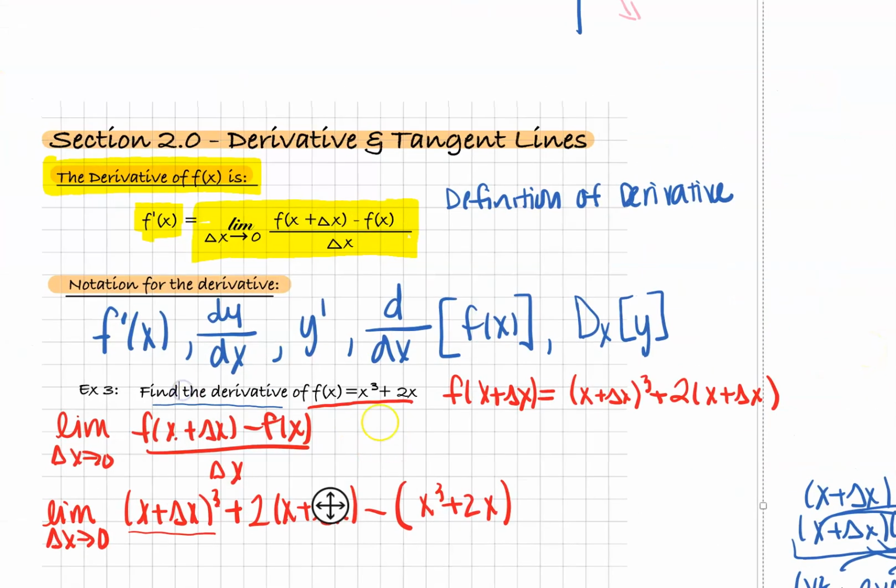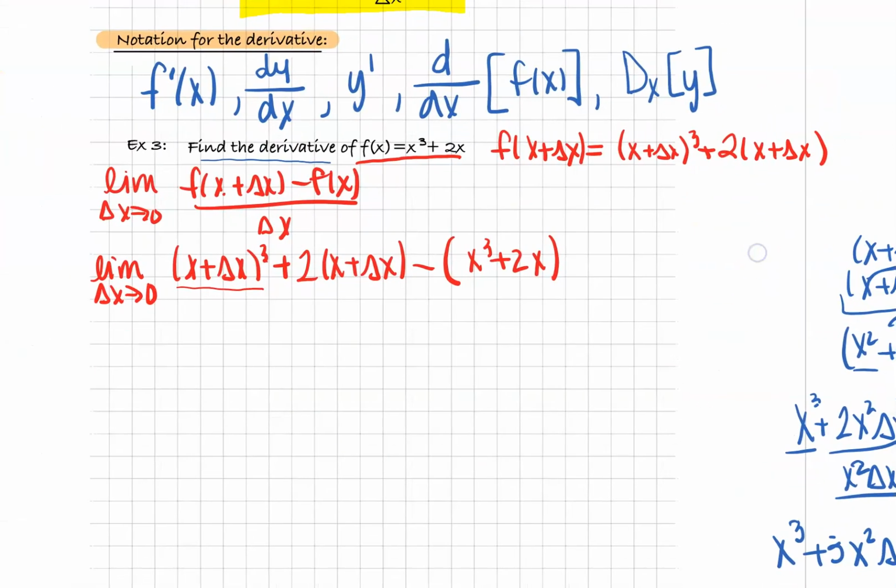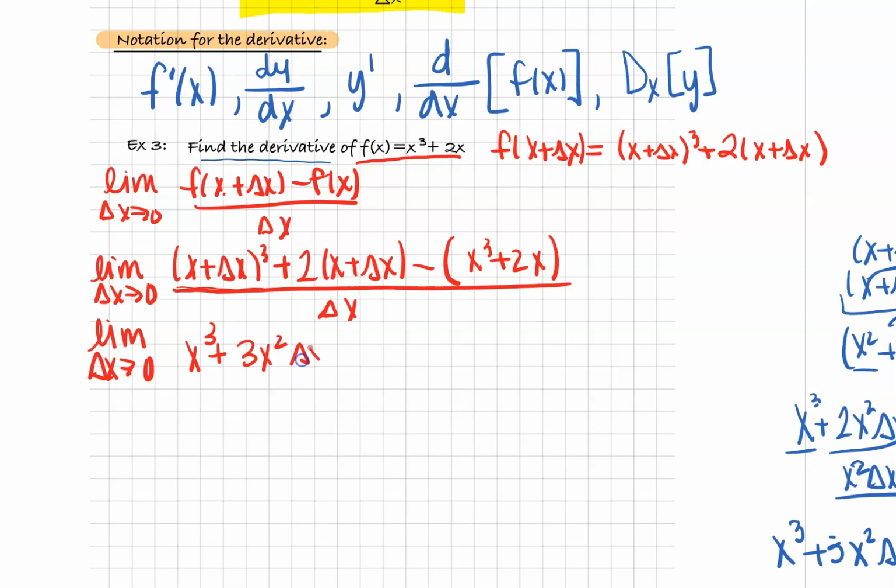So let me jump back over here to the red. And so we have this whole thing divided by delta x. Don't want to forget that. So I'm going to take the limit as delta x goes to 0. Now we just cubed that out over there, and when we cubed it out, we got x cubed plus 3x squared delta x plus 3x delta x squared plus delta x cubed.